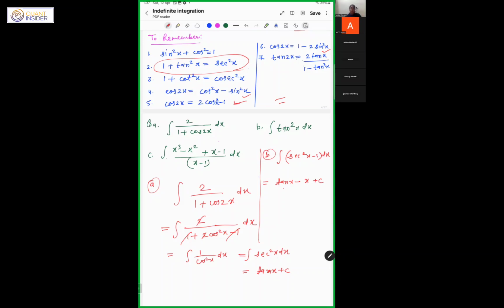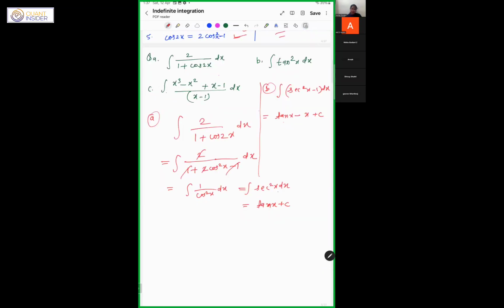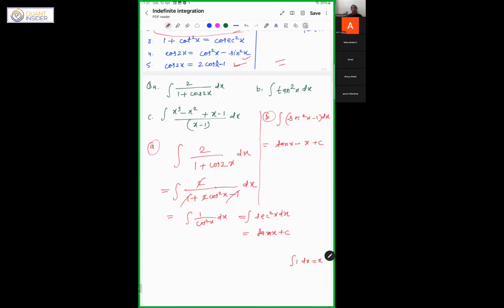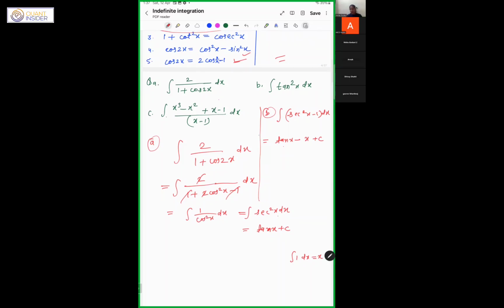Why x? Keep in mind, when you use the formula of x to the power n, 1 is x to the power 0. So this is 0 plus 1, 1 upon 1. Okay, so x plus c.